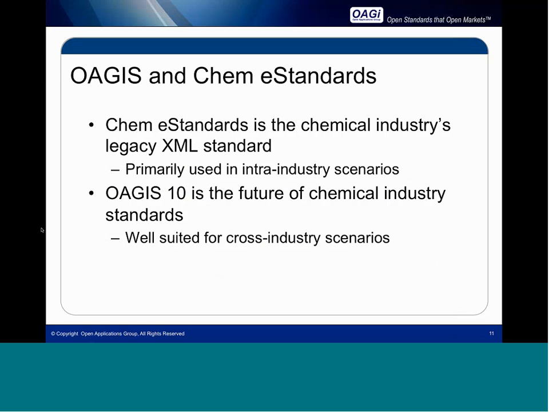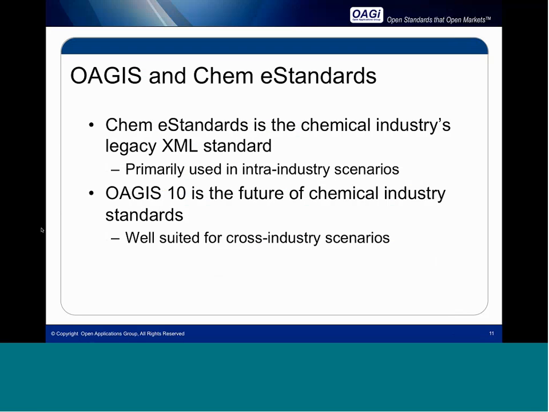So just to compare, OAGis and CHEMI Standards is the chemical industry's legacy XML standard. And for that matter, you can say it's also the agriculture industry's legacy XML standard. And it's primarily used in intra-industry scenarios. So in other words, chemical company to chemical company, ag company to ag company. OAGis 10 is the future of chemical industry standards, and it's well suited and in fact proven for cross-industry scenarios.